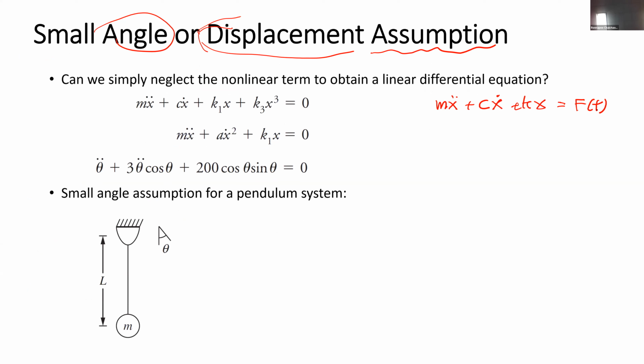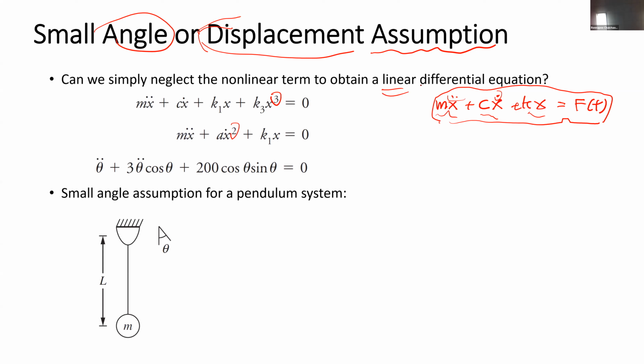You can see that all the terms, although they have a second or first derivative, have only the first power. We never see the third power or the second power. We call this a linear differential equation.